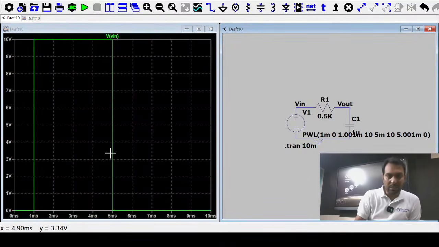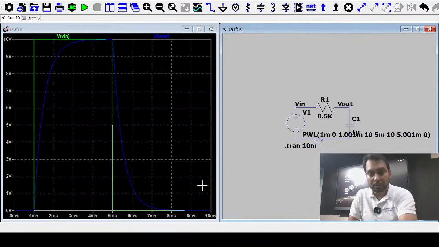Once you go for the output, you find that till 1 millisecond it is 0, and from 1 millisecond to 5 millisecond the difference is 4 millisecond, which is greater than 5 tau, so it nearly reaches 10 volt. After 5 millisecond the input voltage goes to 0, and the output reaches 0 volt also.